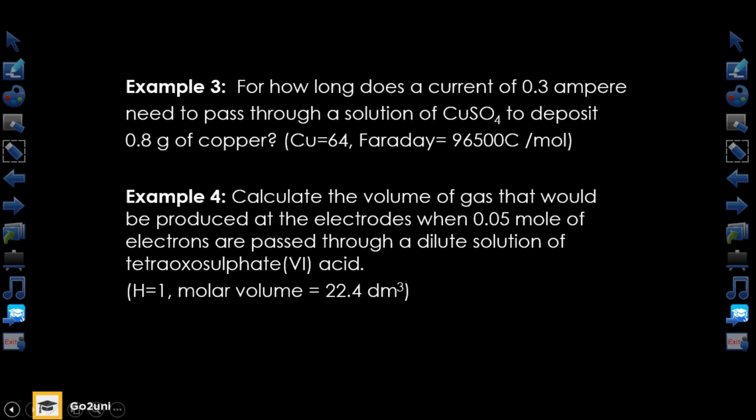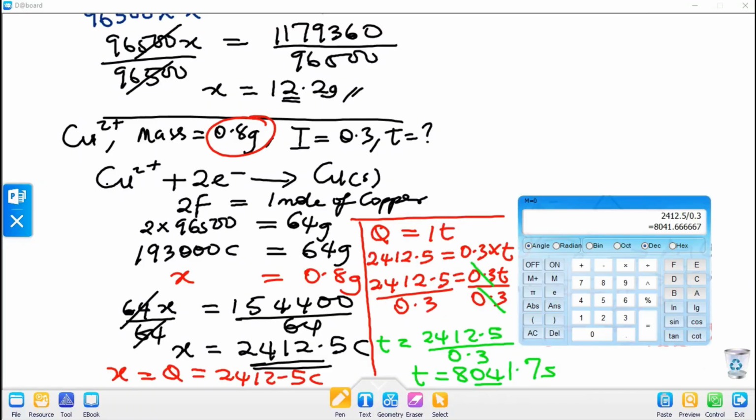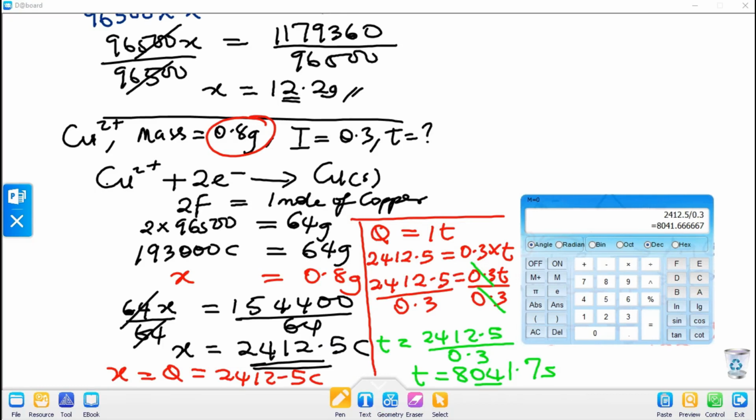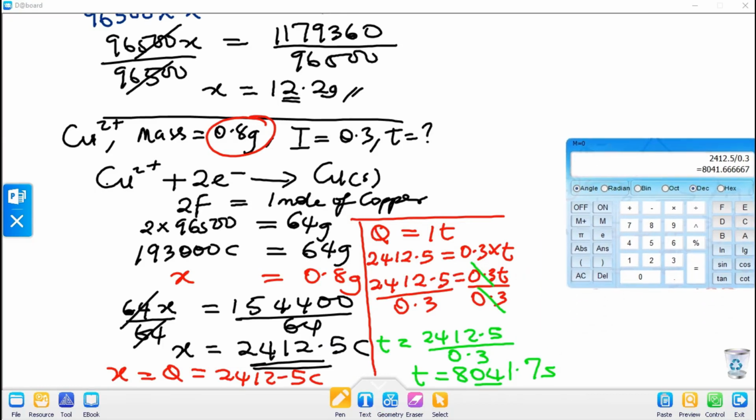From our knowledge in stoichiometry, we know that one mole of any gas will always occupy 22.4 dm cube. So let's proceed to looking at how this question can be tackled. We can put our calculator over there, and then let's see how to go about that.